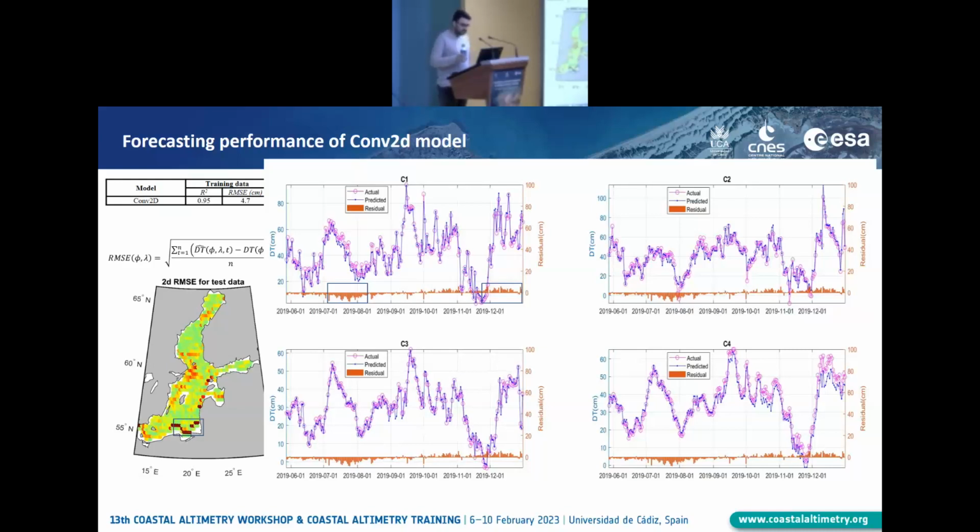For all of the points, you can see there is consistency between the model and the actual data. Also, the red error bars show discrepancies of around 4 centimeters for most of the points. There are also some months, like July, and I guess also January, where there are discrepancies of around 10 centimeters.